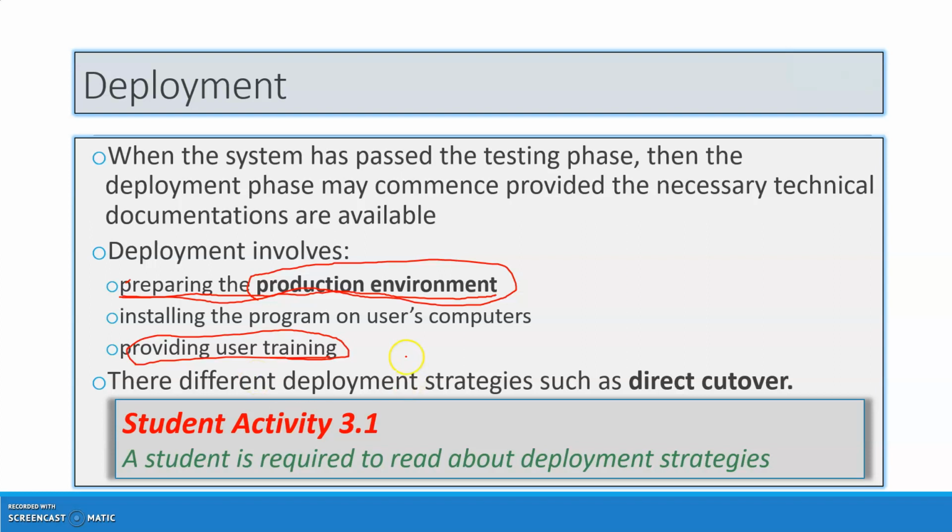The common one, or I mean one of it, is direct cutover. And you are asked as a student, as activity 1, to actually read about different strategies which are there on deployment. Try to understand them. Try to write some few notes, maybe a paragraph on each of these, direct cutover and other strategies that you're going to find.